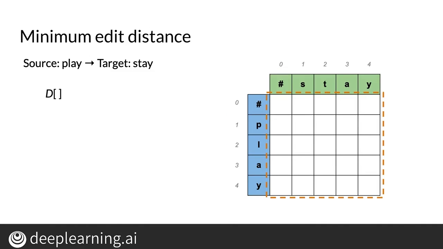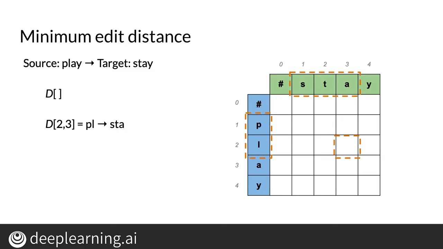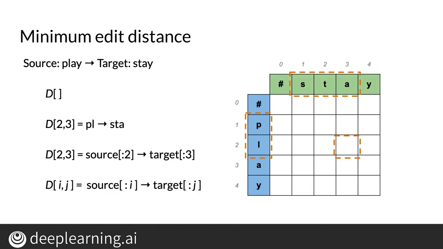Now the goal is to fill out this distance matrix D, such that the element D23, for example, refers to the minimum edit distance from PL to STA, which is the first two letters of the word play to the first three letters of the target word stay. Or more generally, for any element in the matrix, the element at row i and column j, being i equals 2 and j equals 3 in the example PL to STA.